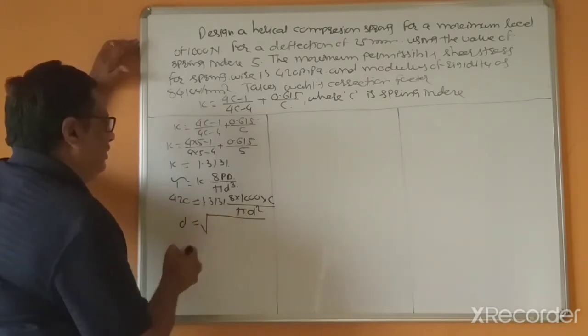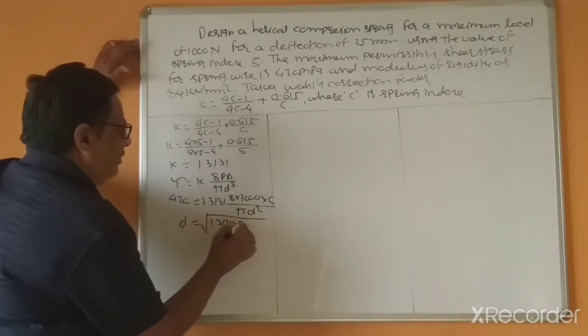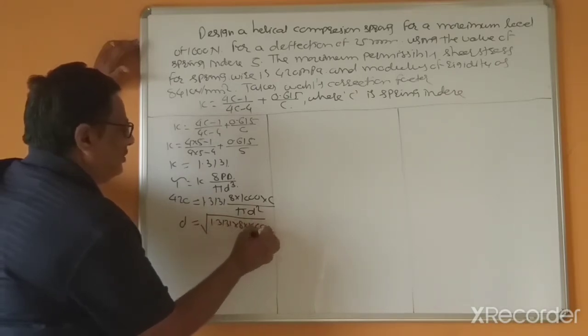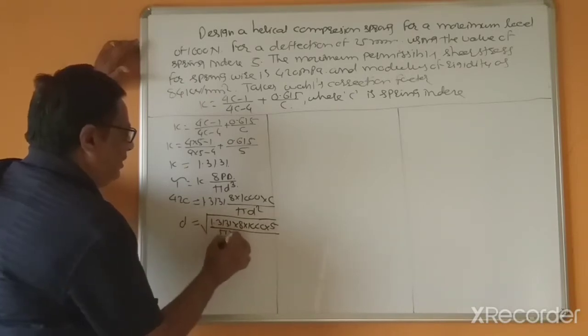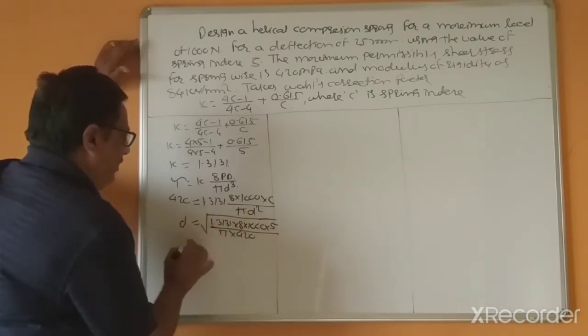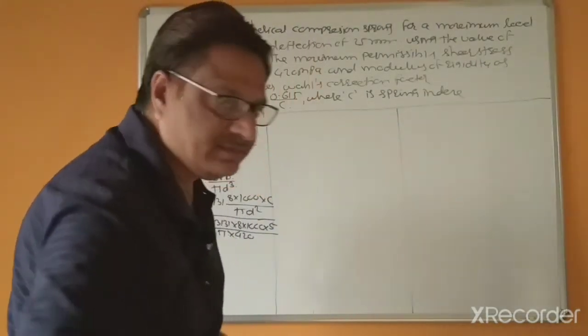Directly I will calculate, this is 1.3131 into 8 into 1000 multiplied by 5 divided by pi into 420. d is the wire diameter.